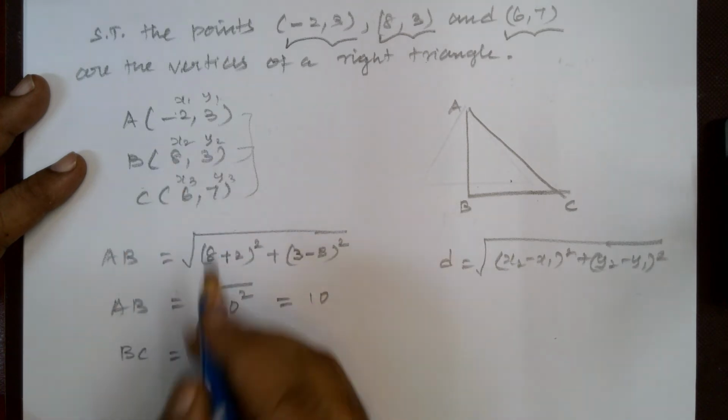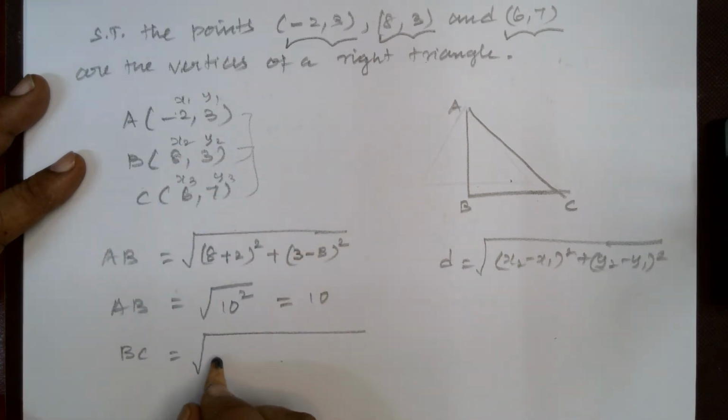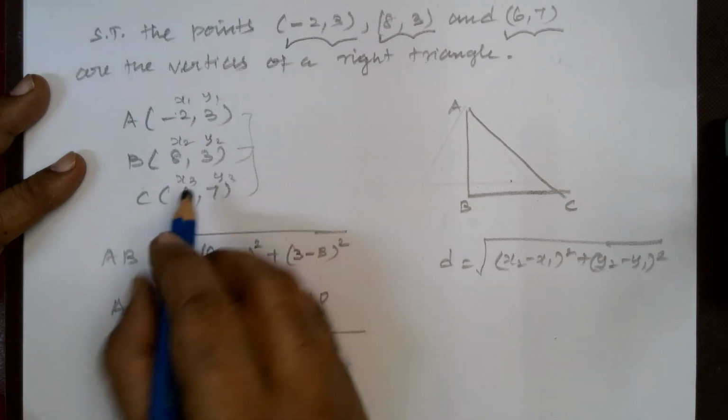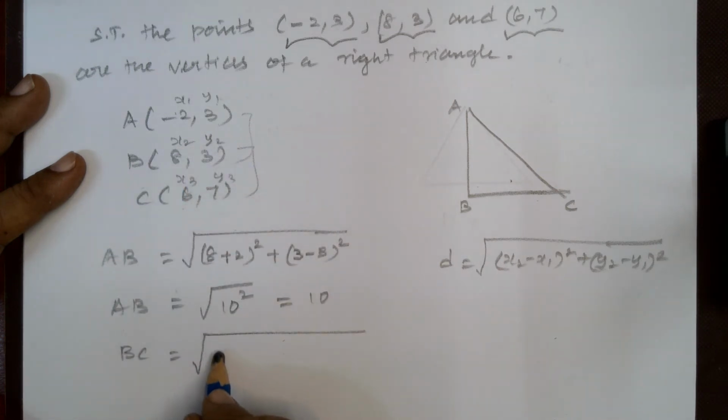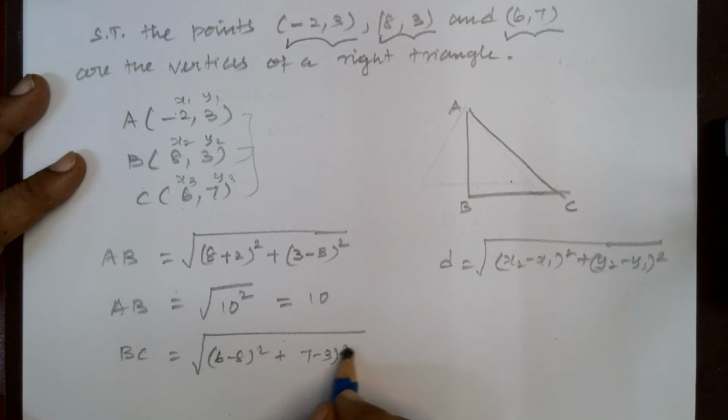So BC means the whole square root of (x3 minus x2) squared plus (y3 minus y2) squared, is it not? So x3 minus x2 means 6 minus 8. So 6 minus 8 the whole squared plus 7 minus 3 the whole squared.